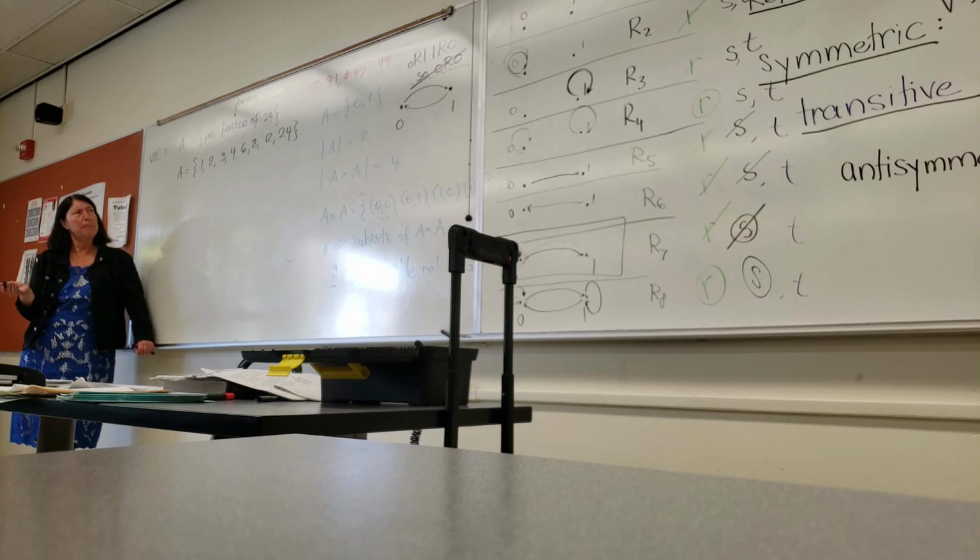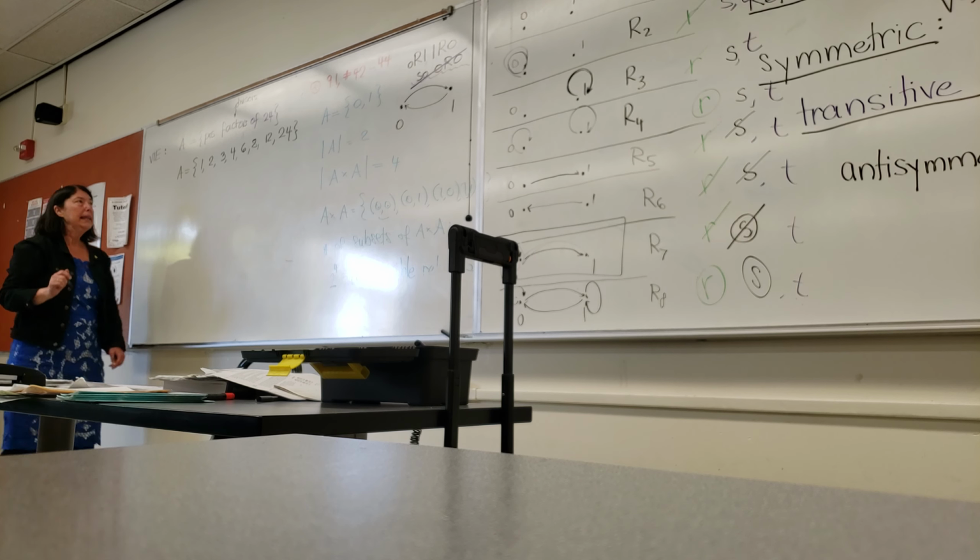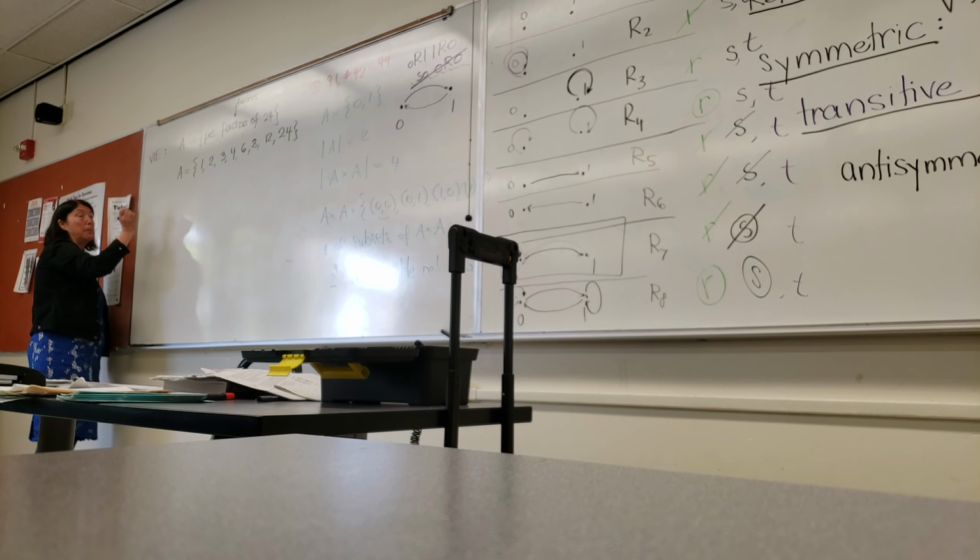Okay, so there's a bunch of numbers and they can be related to each other in various ways. Let me first number these two relations. So R1, and I'll make this one be a mod relation.